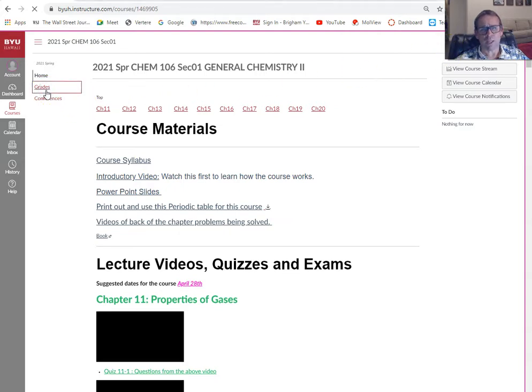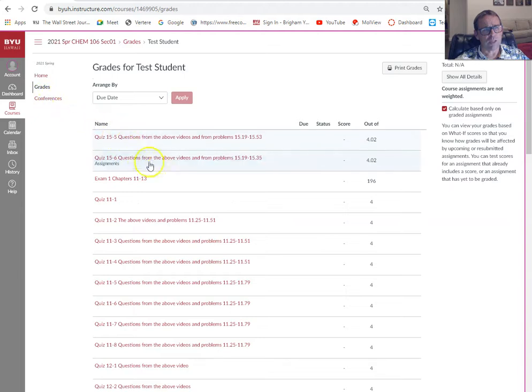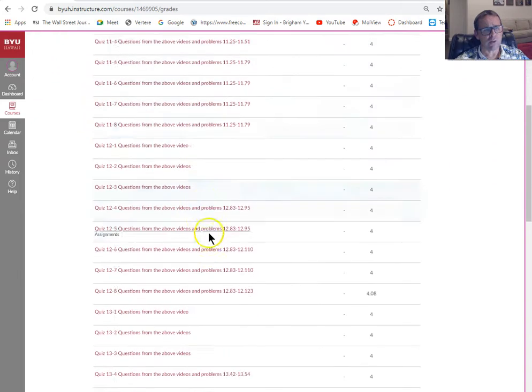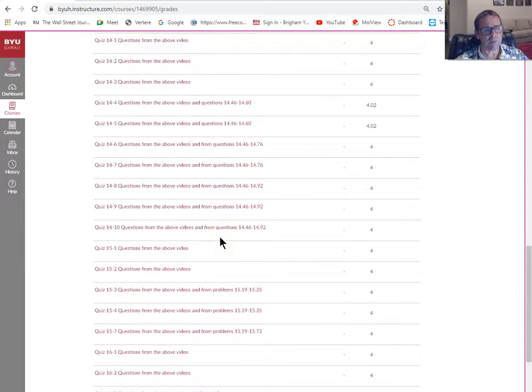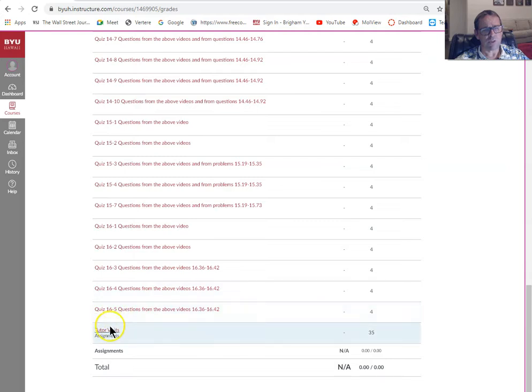So if I go into grades here and look at my grades, here's a handful of different grades, the things that I'm going to be graded on, and one of them is tutor visits. Tutor visits, it's worth 35 points. Every time I go and communicate with the tutor and we work on problems together, I'll get 5 points. So after 7 visits, you will have 35 points with the tutor.